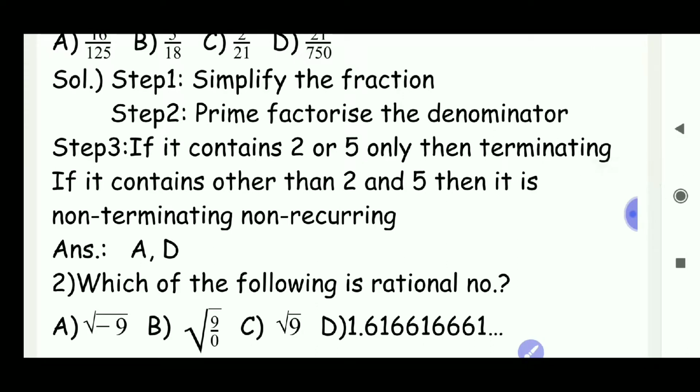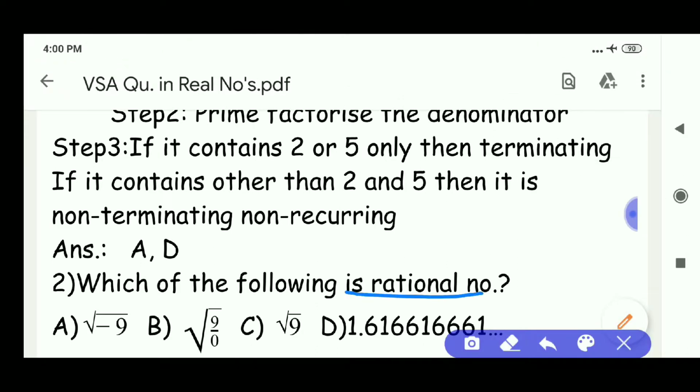Which of the following is a rational number? A, root over minus 9; B, root over 9 by 0; C, root 9; D, 1.616616661 and so on.